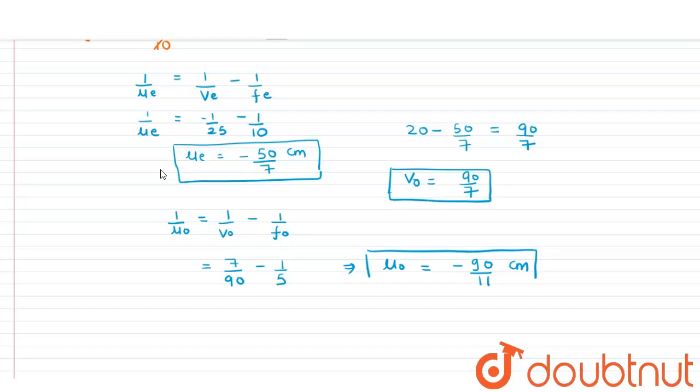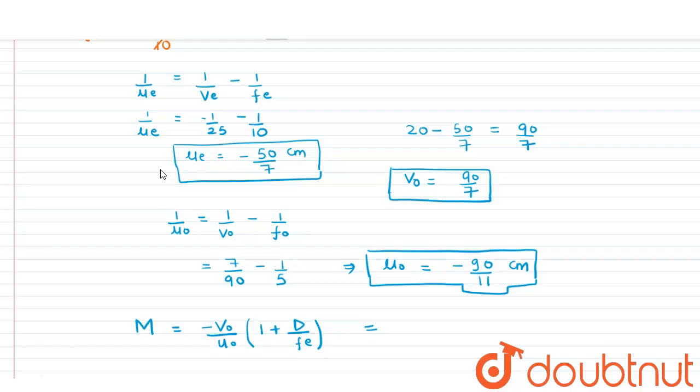Now we have both the values, v_0 and u_0, so we can find the magnification of the compound microscope, M. The formula is M equals minus v_0 upon u_0 times bracket 1 plus D upon f_e, where D is 25 and f_e is the focal length of the eyepiece lens.